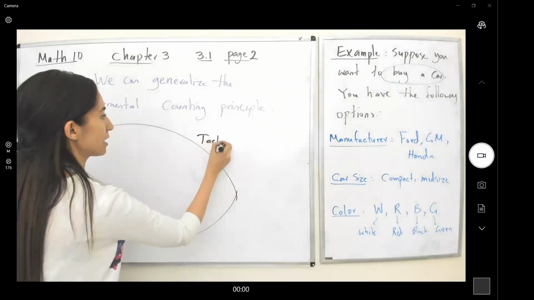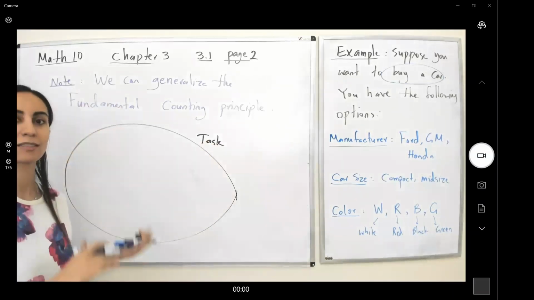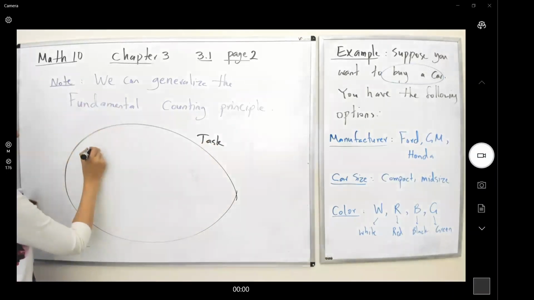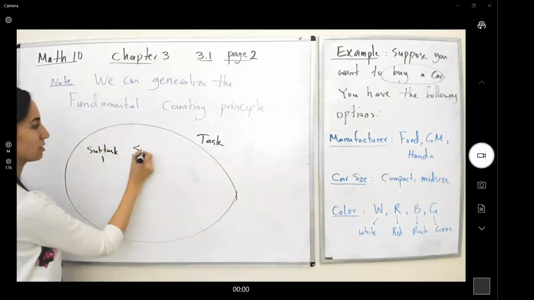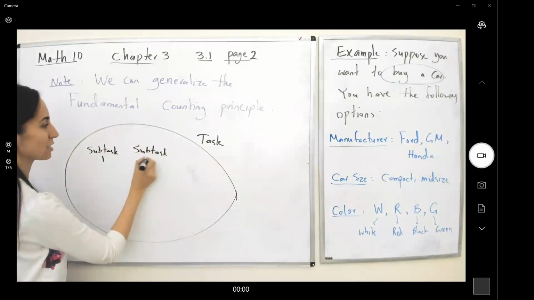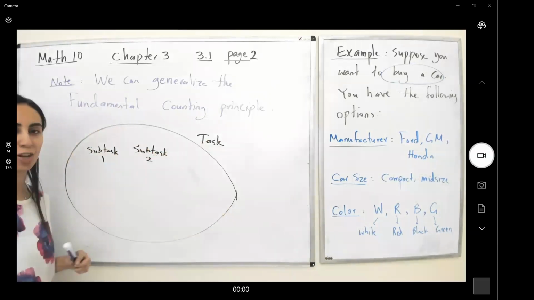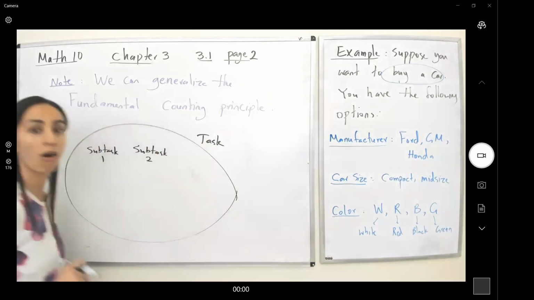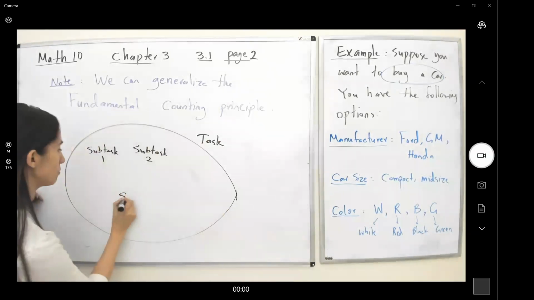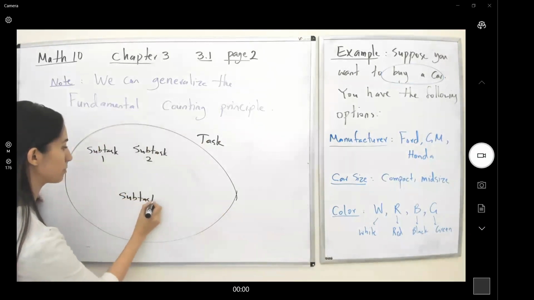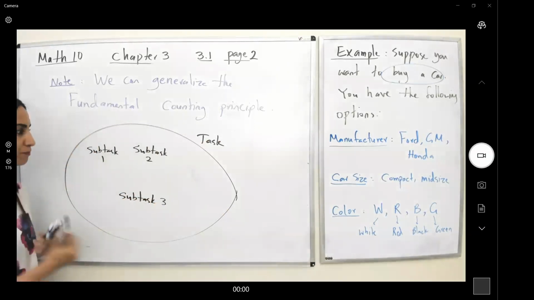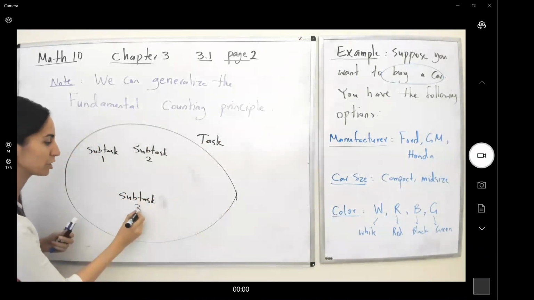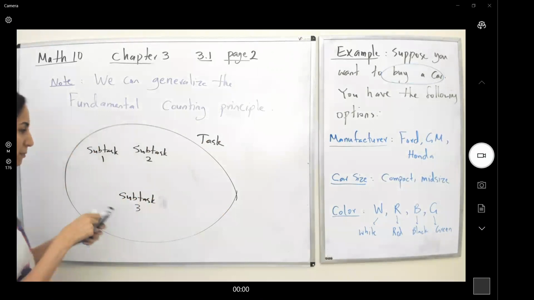The task can be done using some subtasks: subtask 1, subtask 2. Now I'm adding subtask 3, which is the color of the car. So the first subtask can be done in m ways.